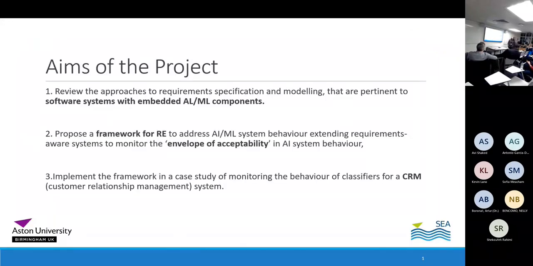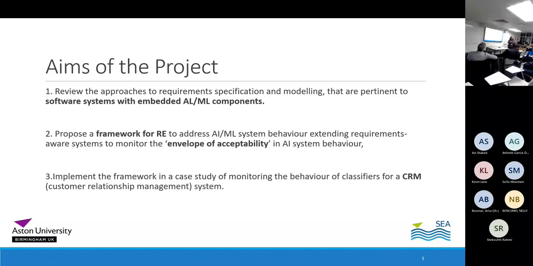The main aims of the project were to review the approaches to requirement specification and modeling that are pertinent to software systems with embedded AI or ML components. Today, with the advancement of technology and intelligent systems, we have software systems that have embedded AI components.